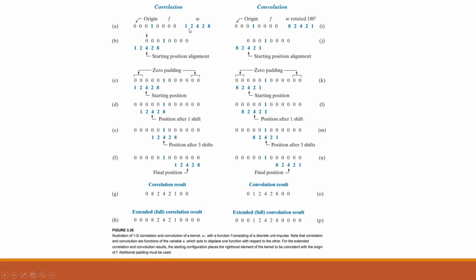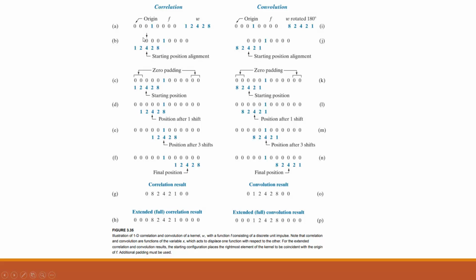In the case of correlation, what we have to do is multiply w with f, where the positions are minus 2, minus 1, 0, 1, and 2.